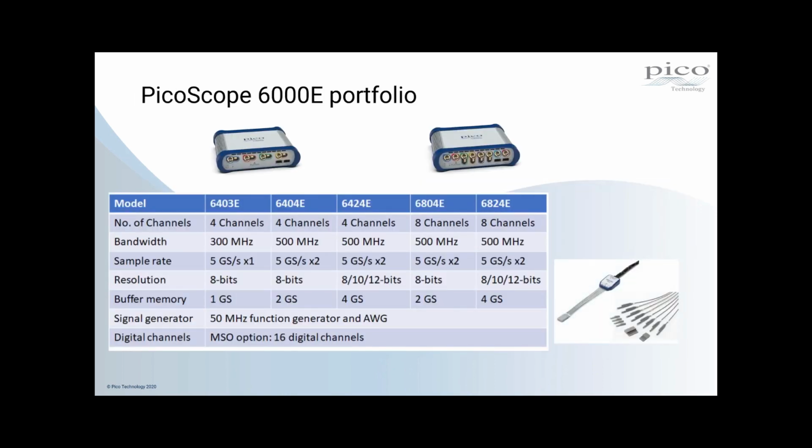And just to finish off the video here, there's a note here of the PicoScope 6000E portfolio. I mentioned that there are 4 and 8 channel models with bandwidth ranging from 300 megahertz up to 500 megahertz, sampling speeds of 5 gigasamples per second, either 8 or flexible resolution, 8, 10 and 12-bit resolution, and 4 gigasamples of capture memory depending on the model that you choose.